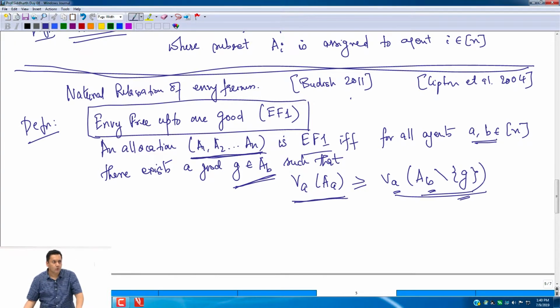So, up to the removal of one good from the other agent's bundle, A is happy in the sense that this particular inequality holds for A. As with envy-freeness, we are looking at v_A on both the left hand side and right hand side of the inequality. The key difference is I am allowing you to remove one good out.